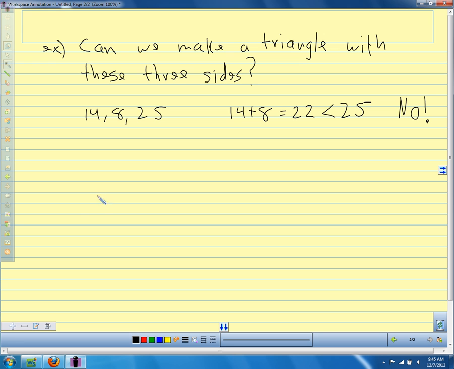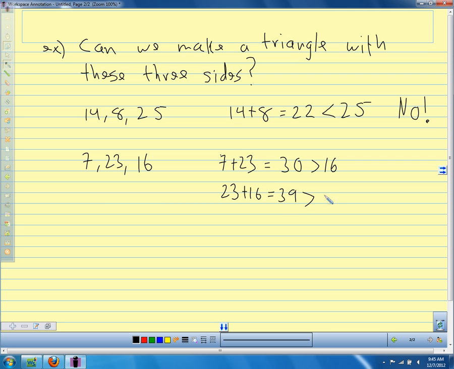So let's look at another combination. 7, 23, and 16. We want to know if we can make a triangle out of these three sides. 7 plus 23 is 30. 30 is bigger than 16. So those two sides are okay. 23 plus 16 is going to be 39.